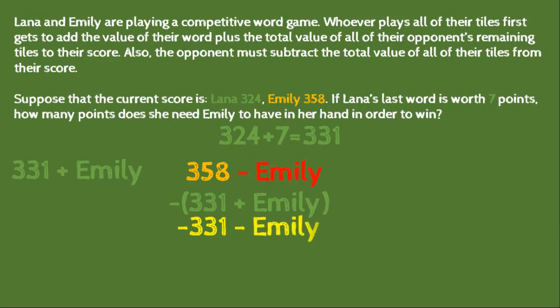We can represent that by saying minus 331 minus Emily's points using the distributive property. If we have minus parentheses 331 plus Emily, we put the minus in front of the 331, which is minus 331, and minus plus Emily would just be minus Emily.